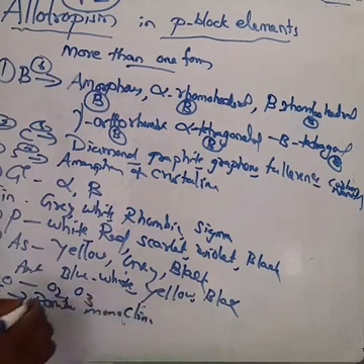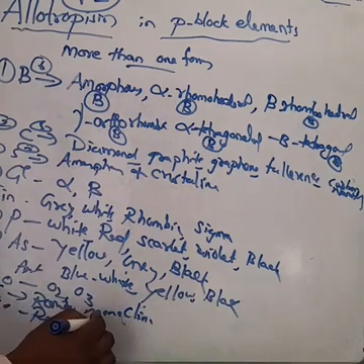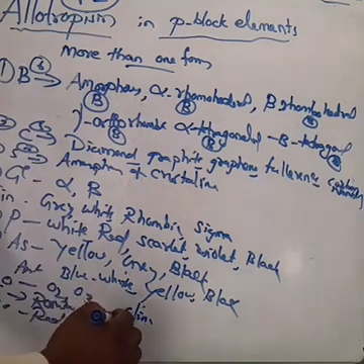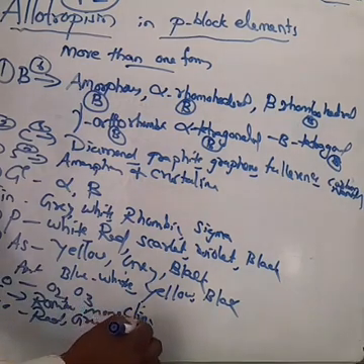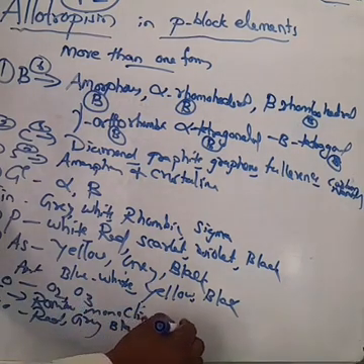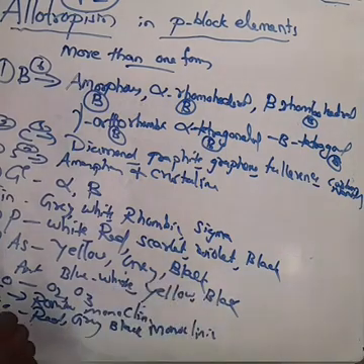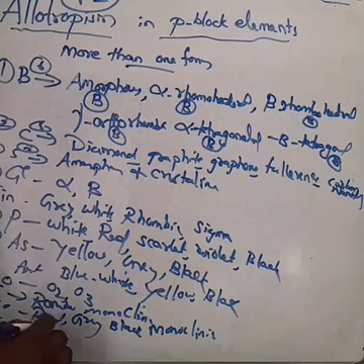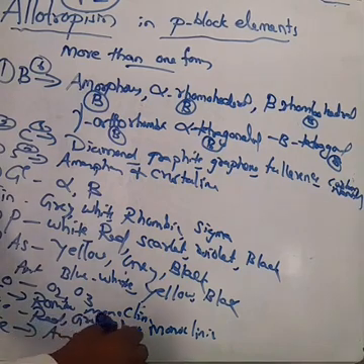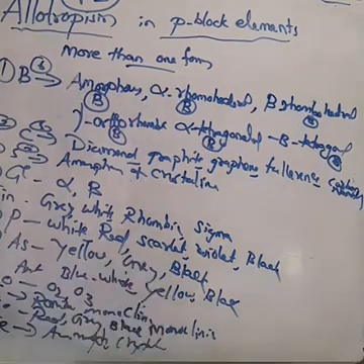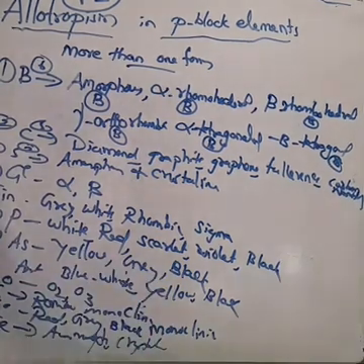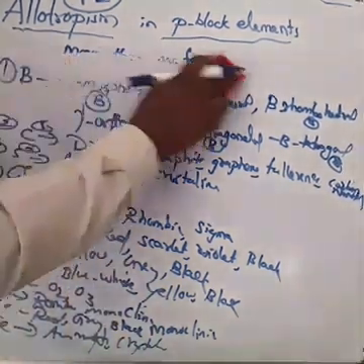Selenium: red selenium, grey selenium, black selenium, monoclinic selenium. Last one, tellurium: amorphous and crystalline. So all of you learn this question thoroughly.